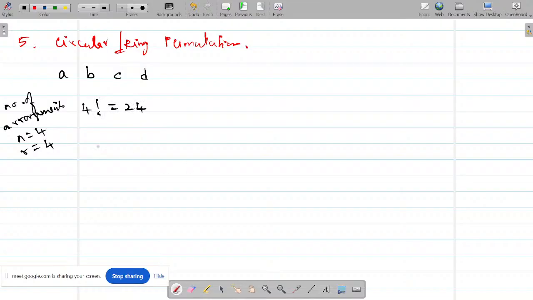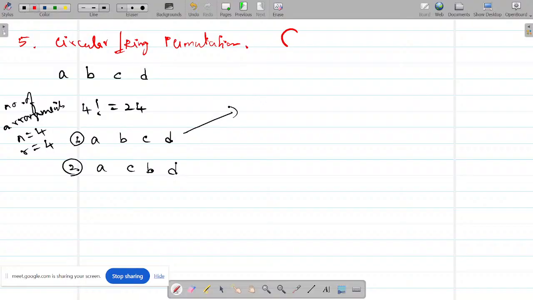Let me continue. For convenience sake, I'm going to take only two cases: one is A, B, C, D, the original arrangement itself, and another one is A, C, B, D. Obviously, this is a different arrangement. Now, let me arrange these in a circular manner.